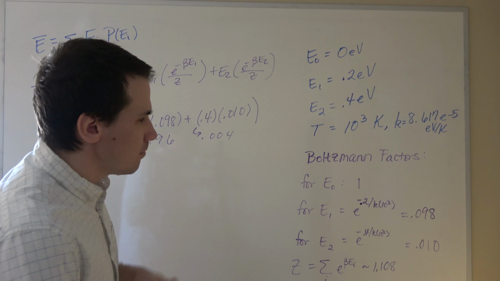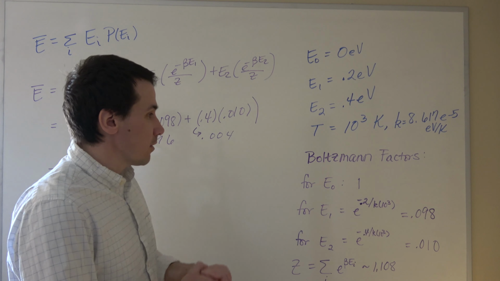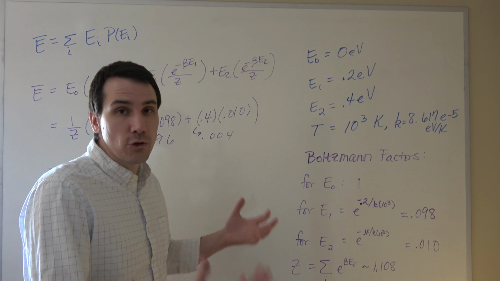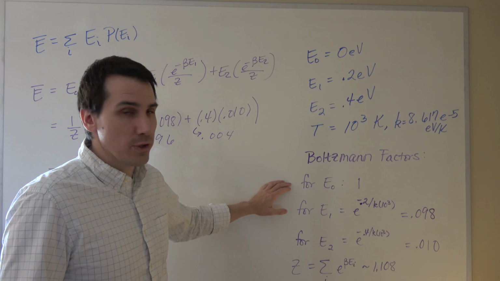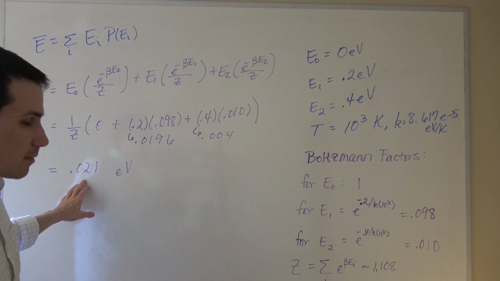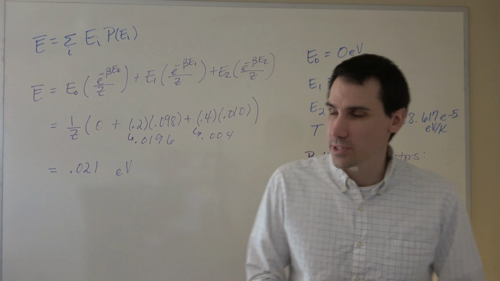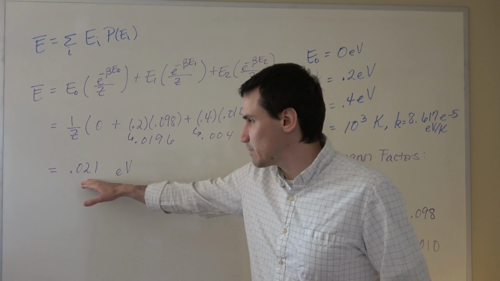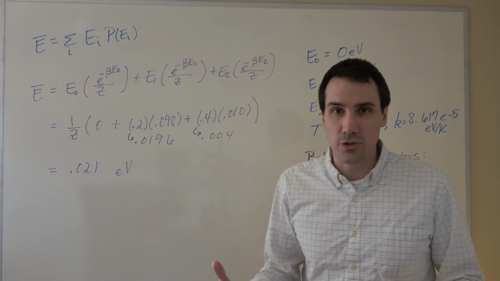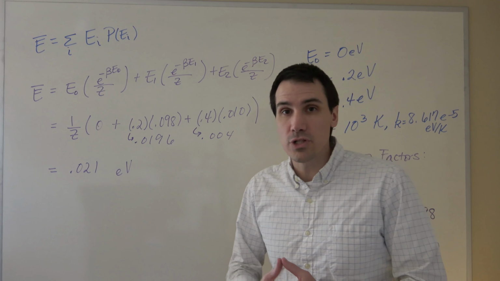Which leads us to believe that our average energy should be close to the energy for the ground state, which is 0 electron volts in this system. So this is an expected number in that it is closest to the energy of the state which is by far the most probable state.